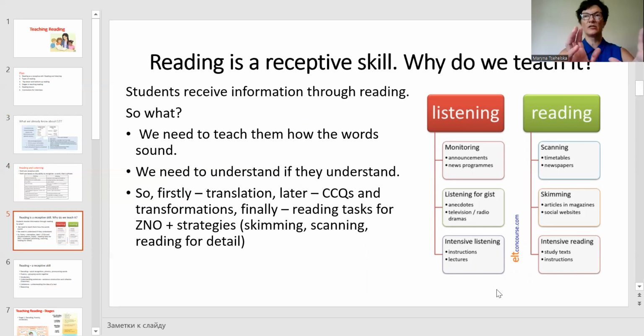In listening, we monitor for important information. In reading, we scan. In listening, we listen for gist to understand the whole idea of the text. In reading, we skim. And also in both types of these receptive skills, we can do intensive reading and intensive listening when we need to understand as much as possible.